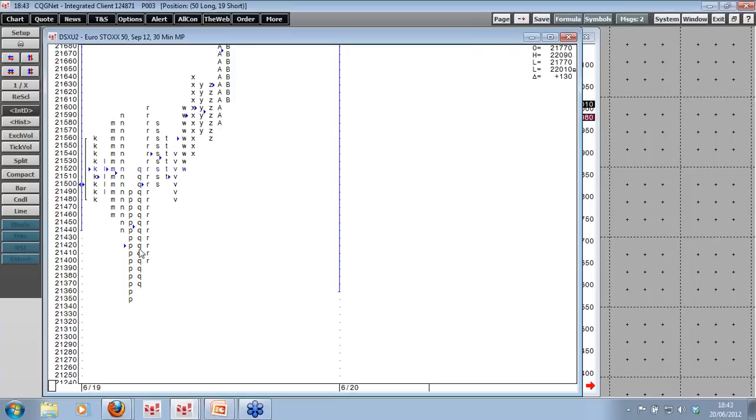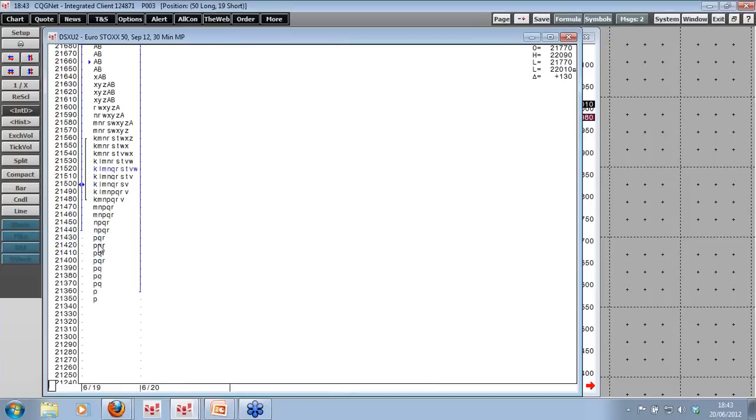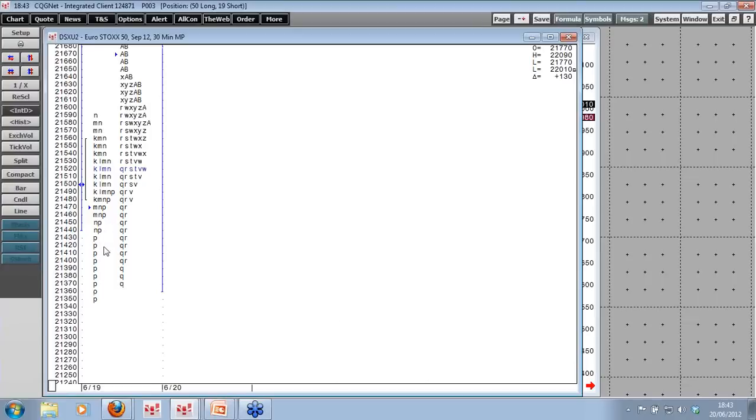So before the data came out, this is what the profile looked like pre 10 AM. You can see we've got many single prints on the low of the day. Once we see those single prints, the question is, if we leave single prints here and start to trade down, that is a sign we are going to trend.